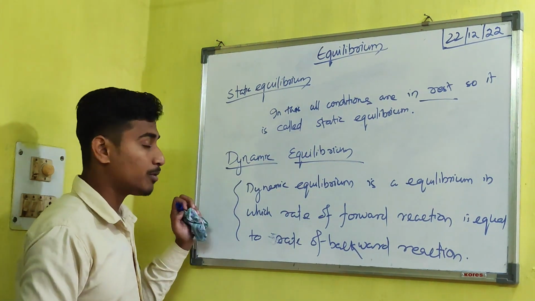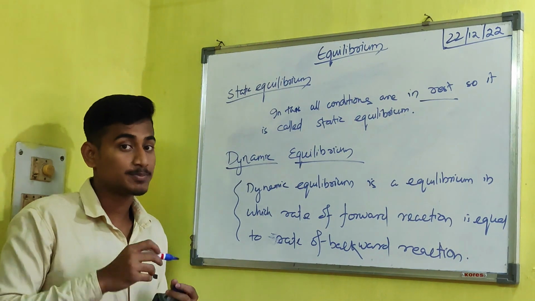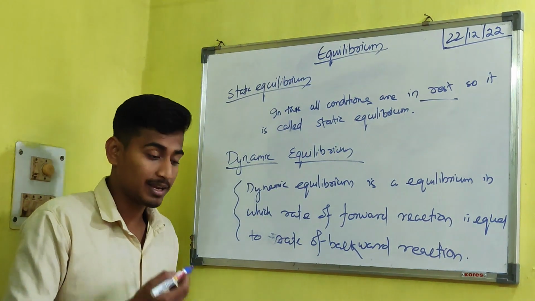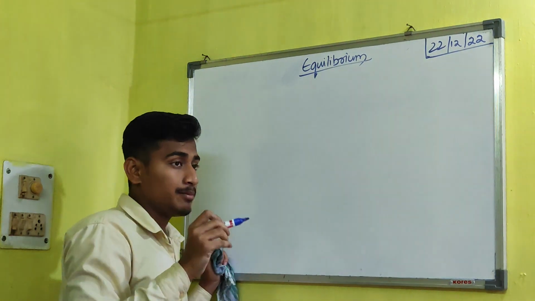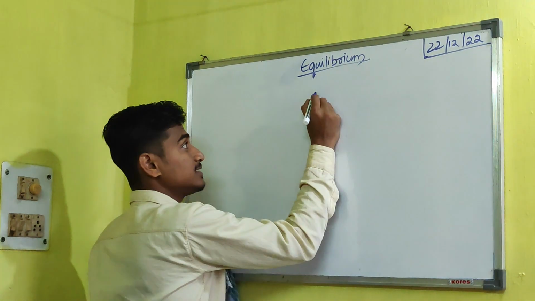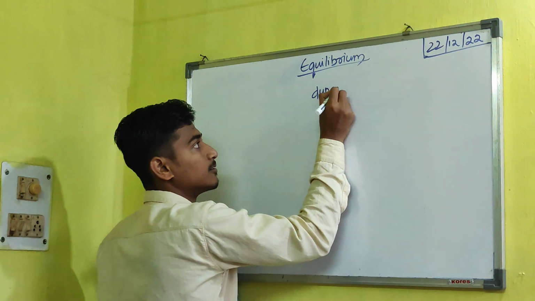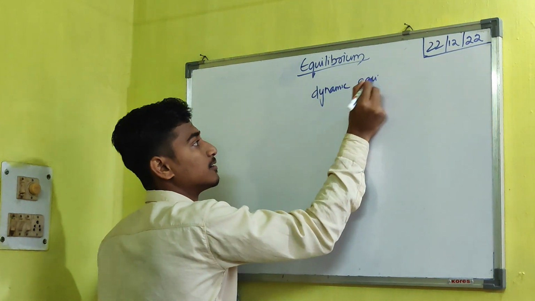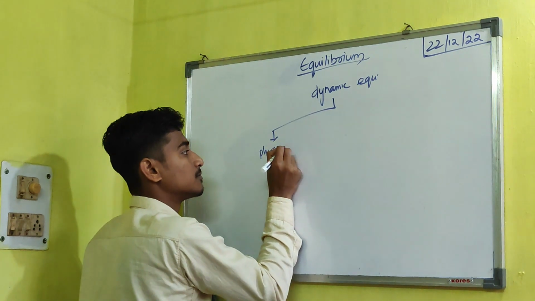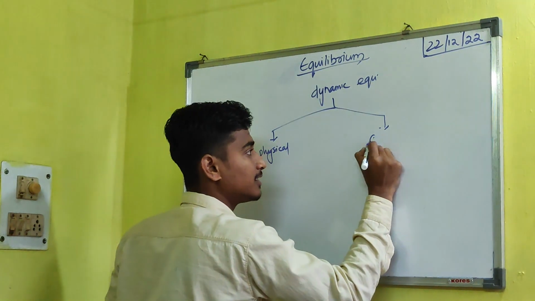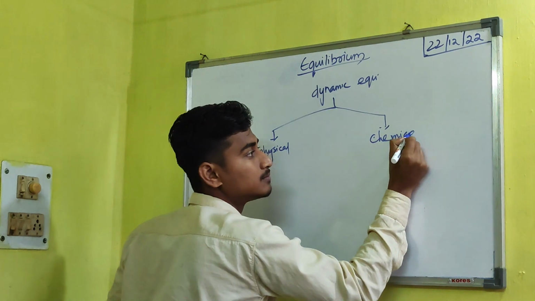Dynamic equilibrium is also of different types. There are two types: one is physical equilibrium and another is chemical equilibrium.